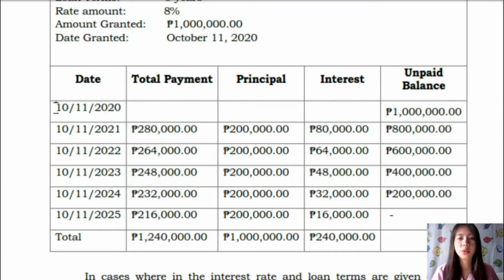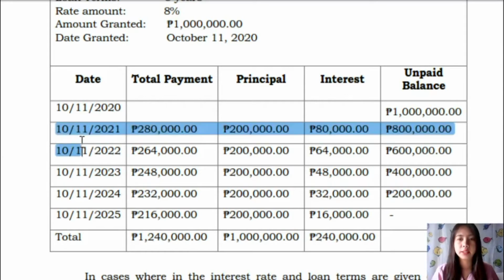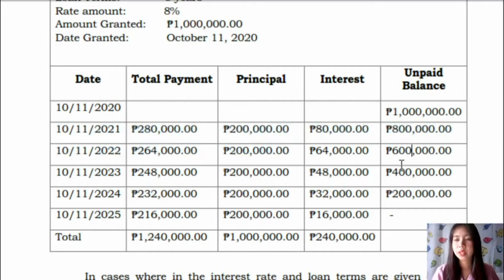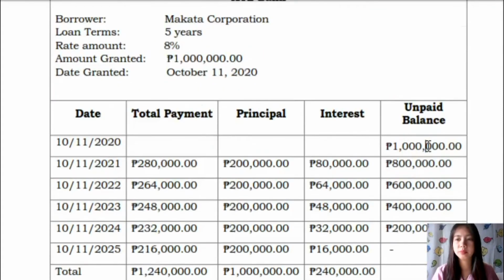The next payment will be on November 10, 2021. Nakuha natin si 200,000 muna, 1 million over 5. Ito po siya, si even principal. Nakikita nyo na po, from year 1 to year 5, pare-pareho pong 200,000.